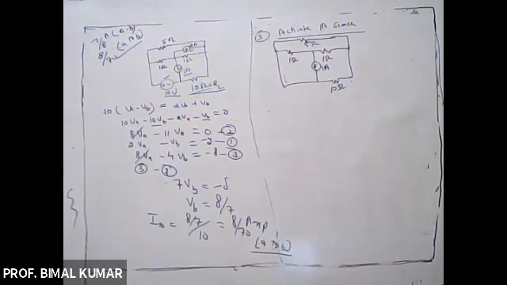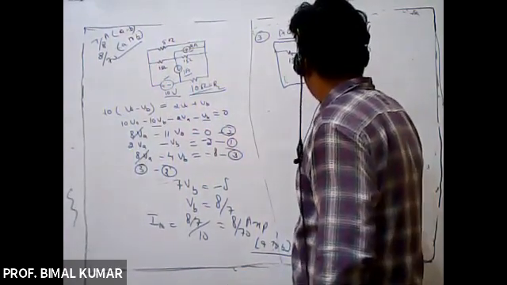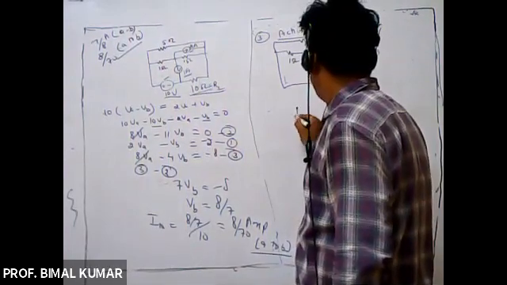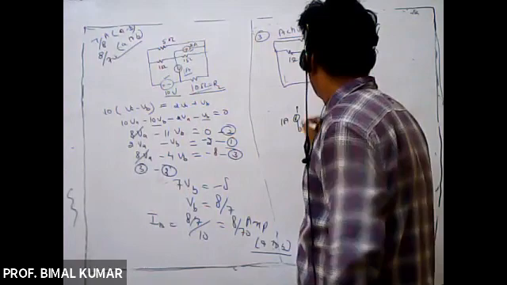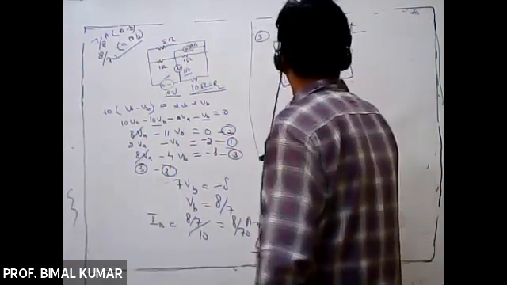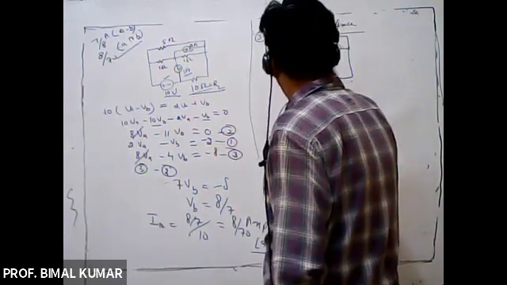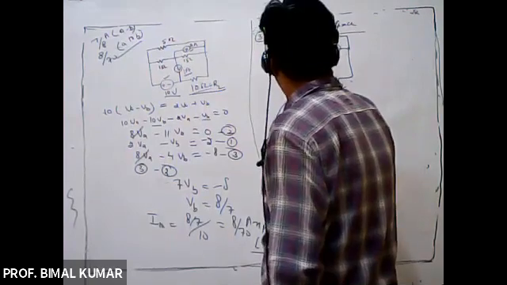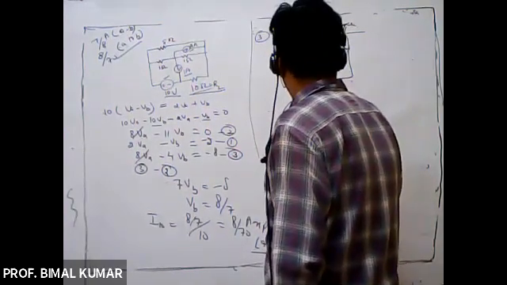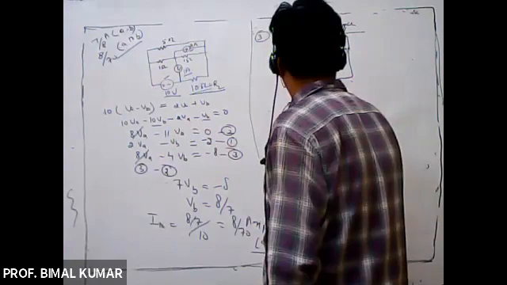Starting with that 1 ampere source, this is your point A, this is your point B. Then after this A is connected with 1 ohm resistance, then this A is further connected with, on the other side again, this is your A and this is your B, here it will be again 1 ohm, right?